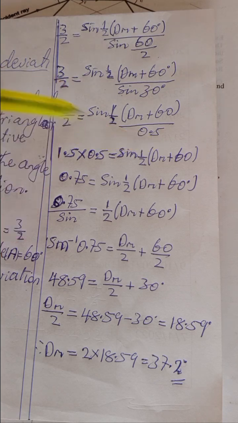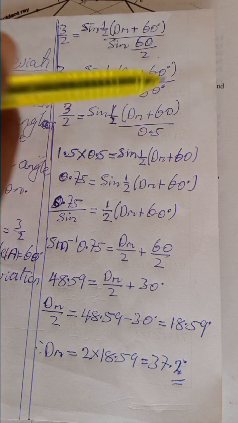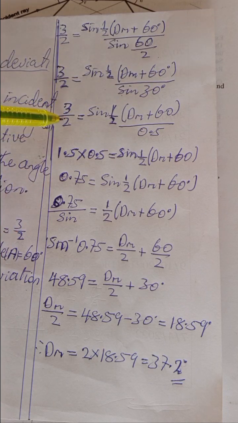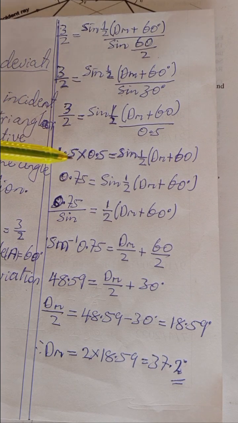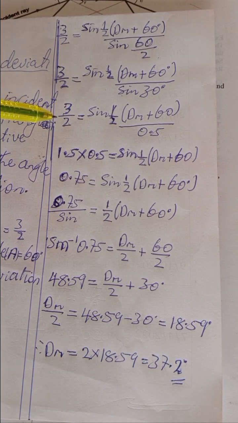Now, if you cross multiply, 0.5 times 1.5, which we got here, that's the value now. This is 1.5 for this one, because 3 divided by 2 is 1.5.